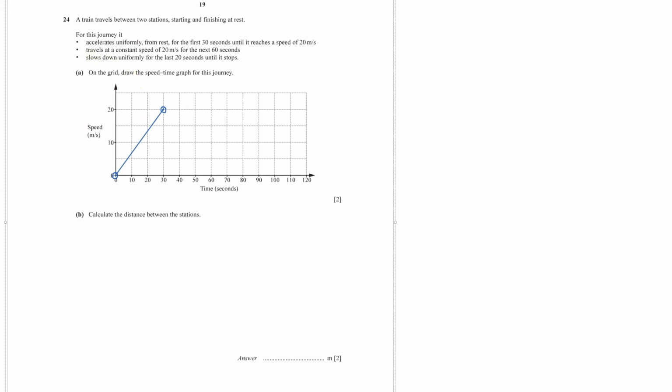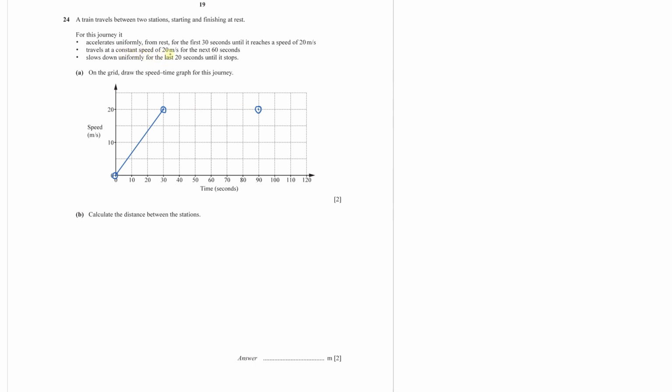And the second point is it travels at a constant speed of 20 meters per second for the next 60 seconds. So for the next 60 seconds means from 30 plus 60. So 30 plus 60 is 90. That means the speed is 20 meters per second.